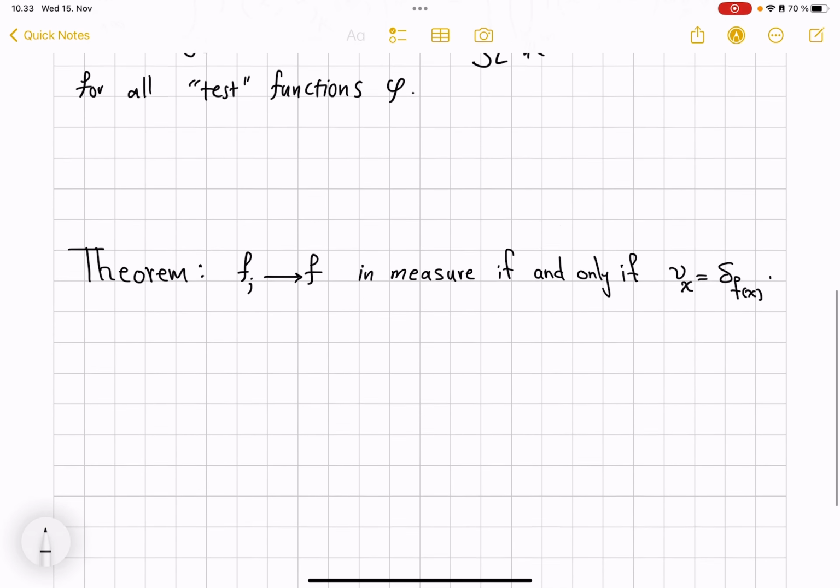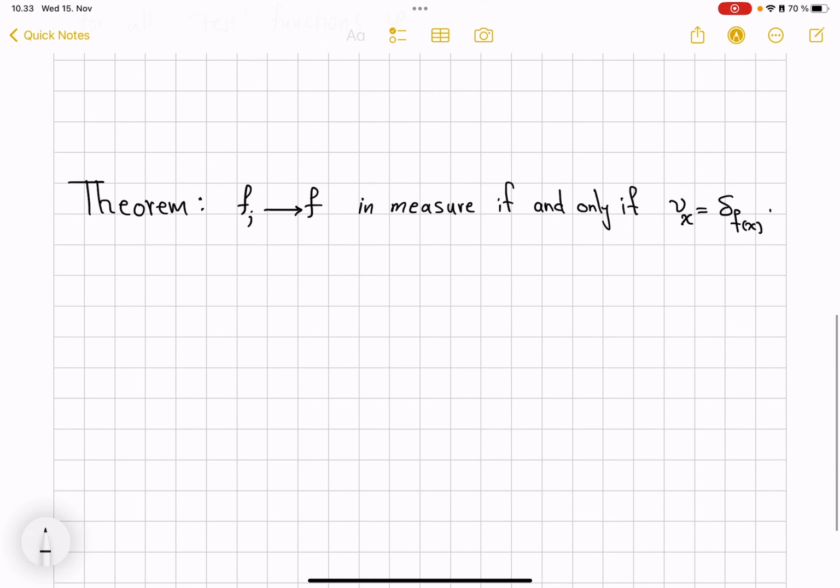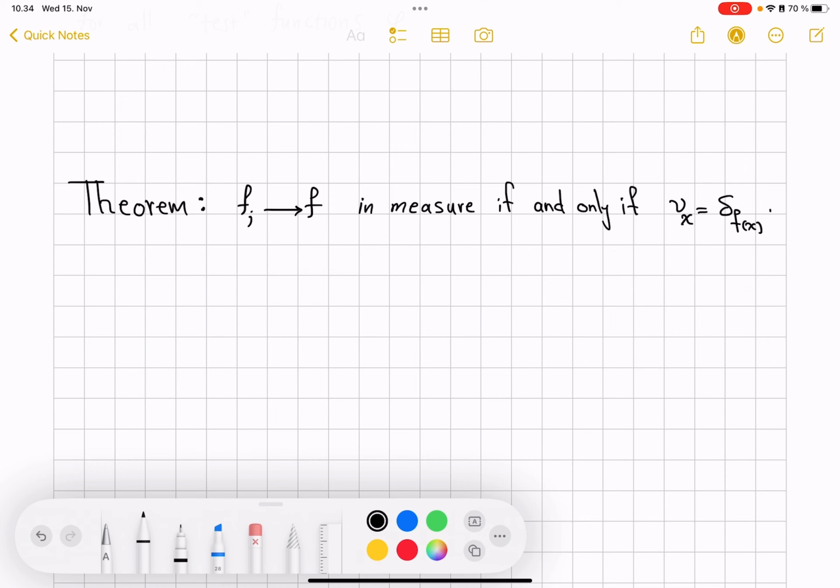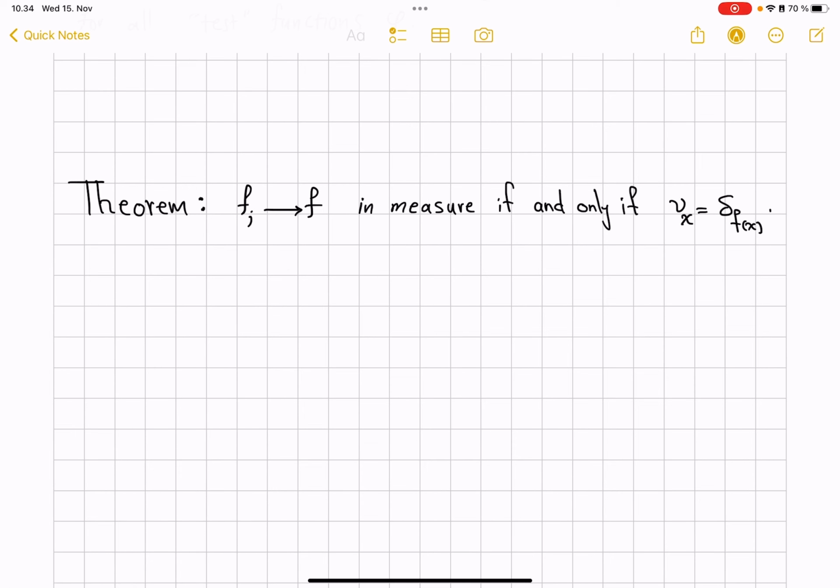More generally, much more is true, and this is a theorem, again from that reference from Webb, that a sequence of functions converges in measure, which is even weaker than pointwise convergence or uniform convergence, if and only if the Young measure associated to them is the delta Dirac function.